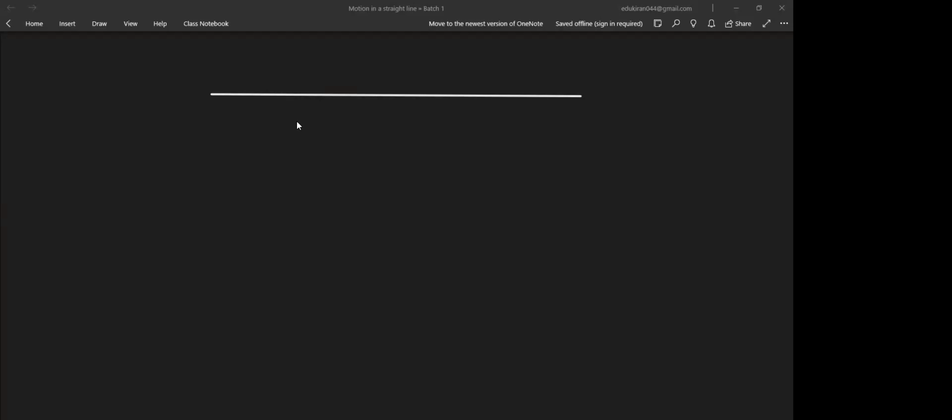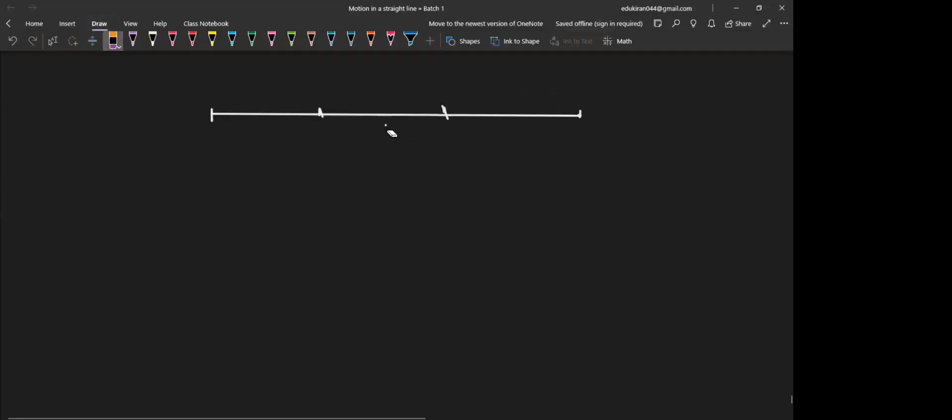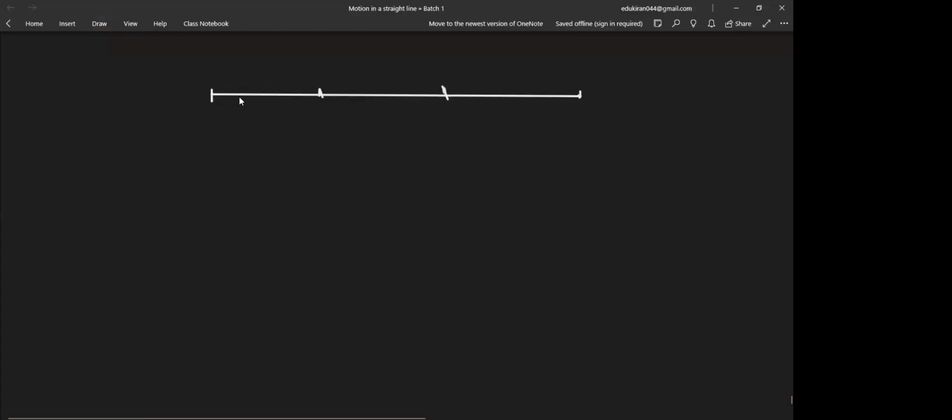See, in this question it says that a body covers the first 1/3 of its journey with speed u. We have to divide this entire journey into 3 parts. Let's say the total journey is 3x. The first x part has the speed u, the second has the speed v, and the third has the speed w.